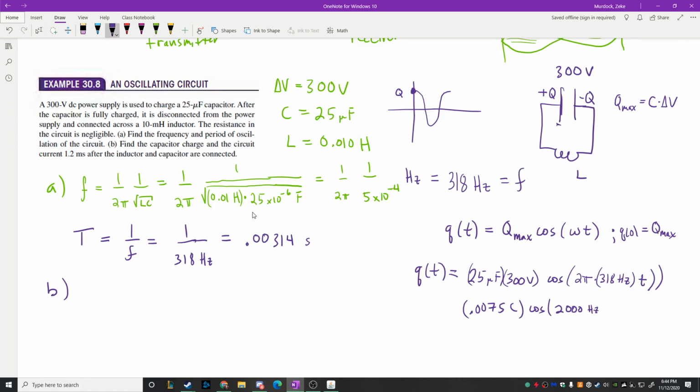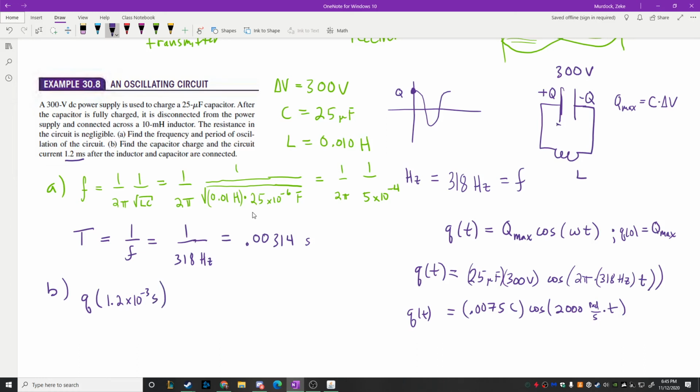Well, I need to... That's not quite right. Now it's going to be radians per second technically. Okay, so that's the charge as a function of time, and our goal was to find the capacitor charge 1.2 milliseconds later, so we just need to plug in Q at 1.2 times 10 to the minus 3 seconds.